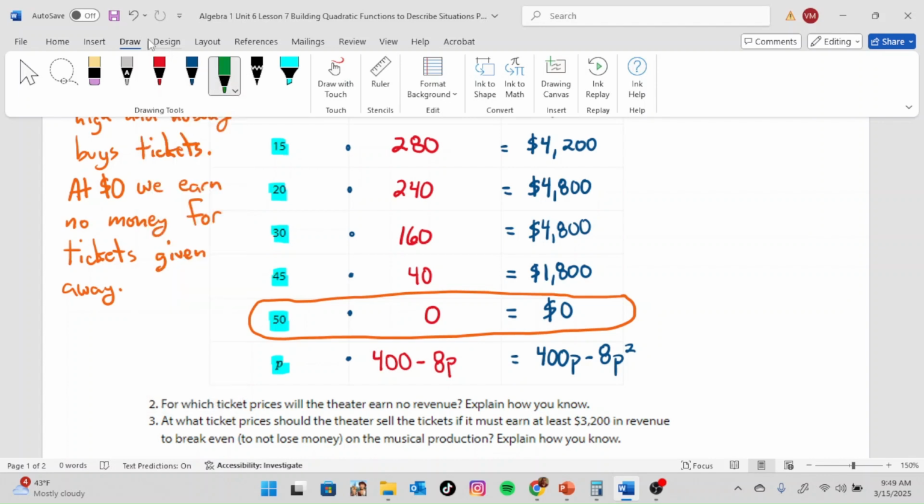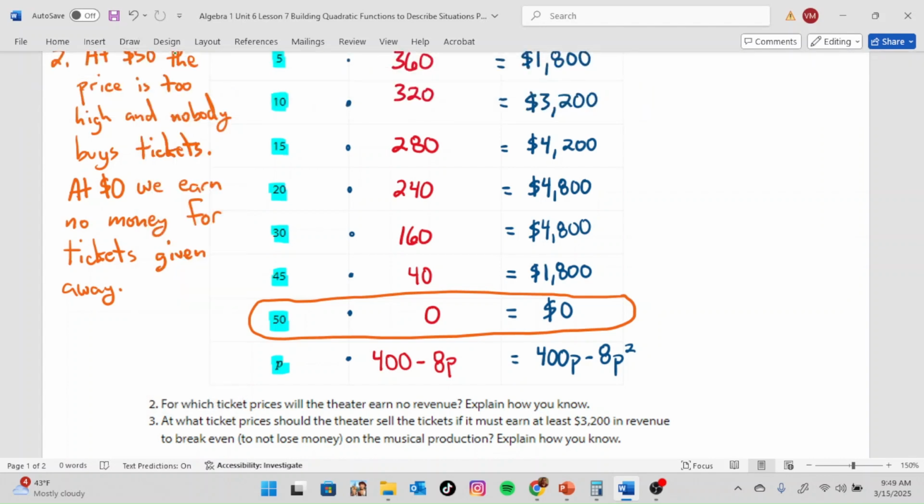Well, one of these we can see right up here, we said that when the ticket price was $10, they would earn $3,200 of revenue. Then if we keep coming down, we see the jump from $30 to $45, and we go from $4,800 of revenue down to $1,800 of revenue. So it is somewhere between here.